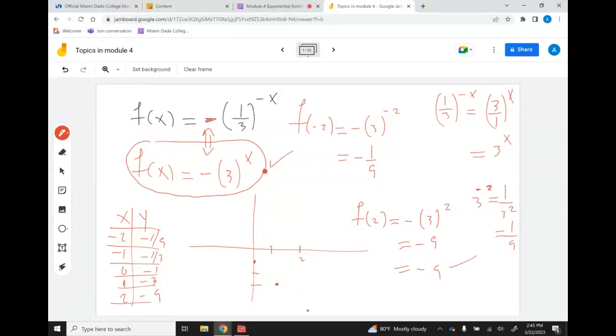And what about these other numbers? When it's -1, let's say -1 is here, the y value is -1/3 there, okay? And when it's -2, you get even smaller, -1/9.